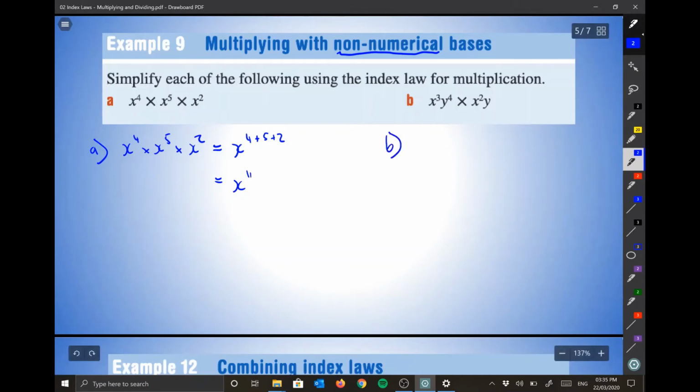Now, when it gets a little bit more complicated looking like this, it really doesn't make the question any more complicated. Sorry, that's a 2. We just look at the terms with the same base and add the indices together. So this becomes x to the power of 5 and also y to the power of 5.